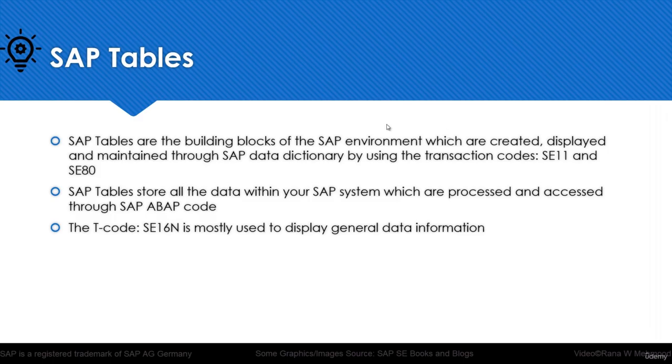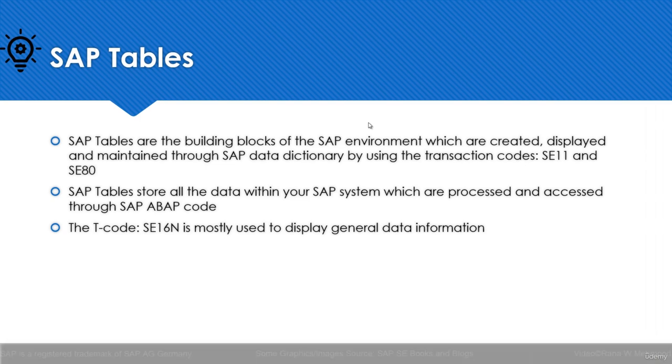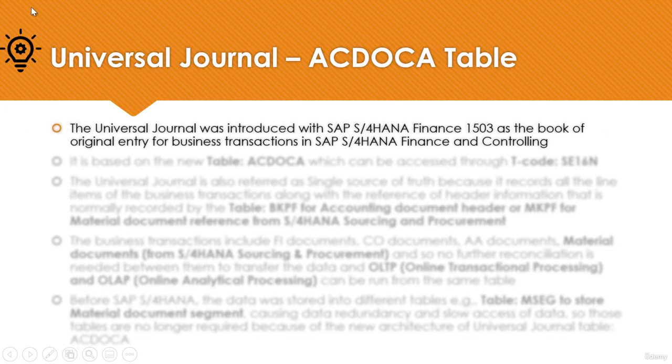Next, I will explain you in detail what is Universal Journal and its table ACDOCA. The Universal Journal was introduced with SAP S/4HANA Finance 1503 as the book of original entry for business transactions in SAP S/4HANA Finance and Controlling. It is based on the new table ACDOCA, which can be accessed through transaction code SE16N.